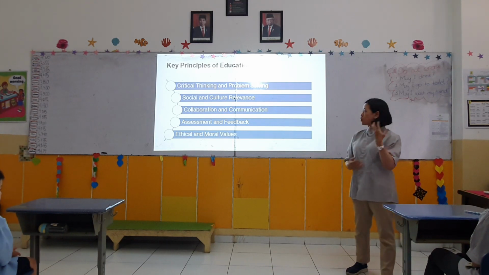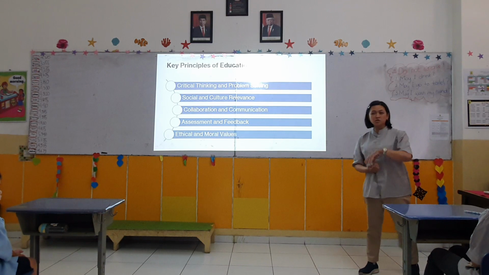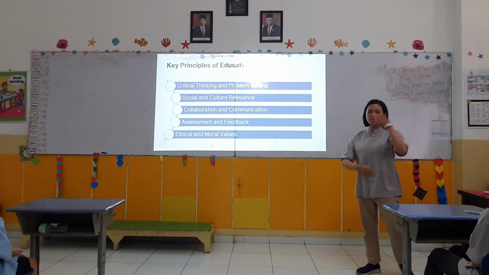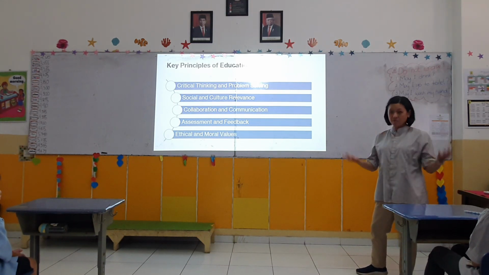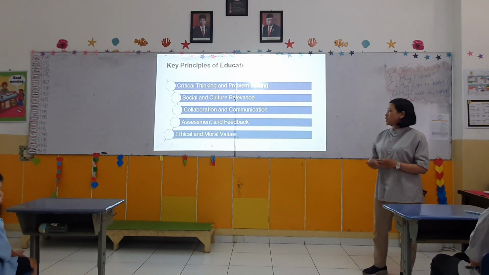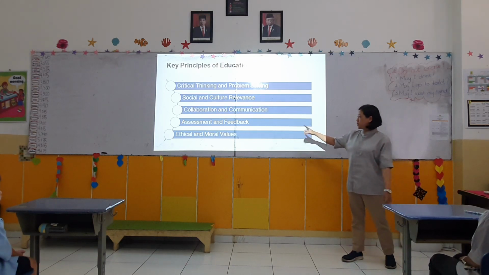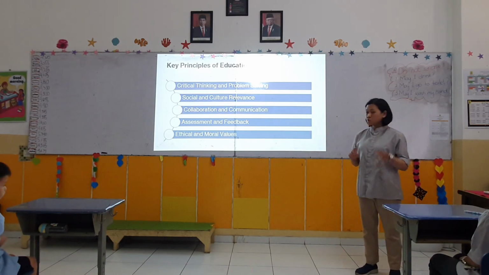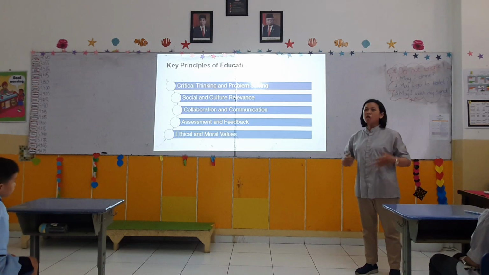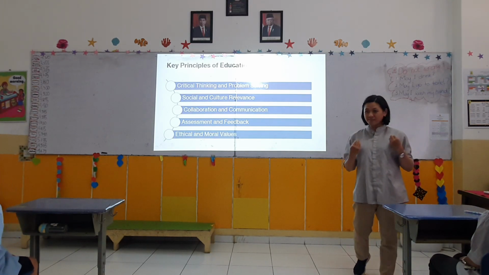So how these are impacting our education: the social, how we interact with each other, the culture of an area. It also impacts the education of our students. Collaboration and communication. This is also in the P21 skills. So nowadays you don't compete. You collaborate and you have to be able to communicate, right?